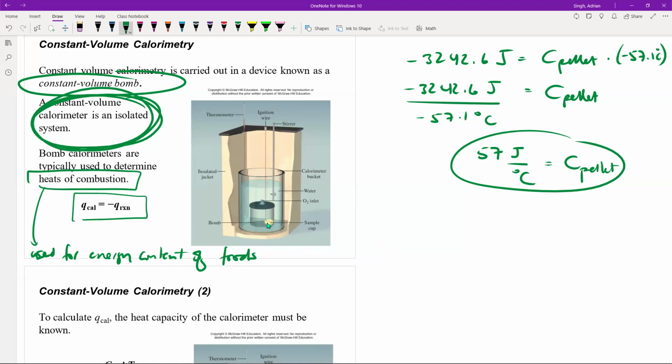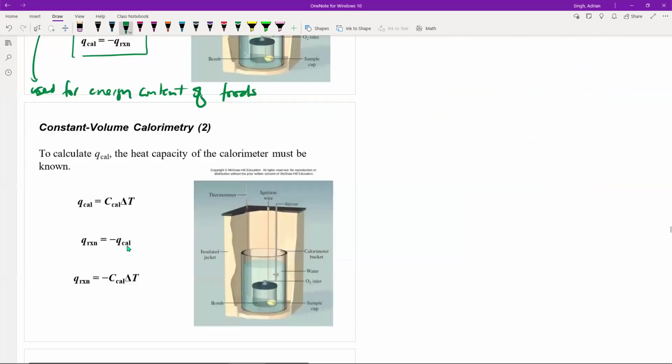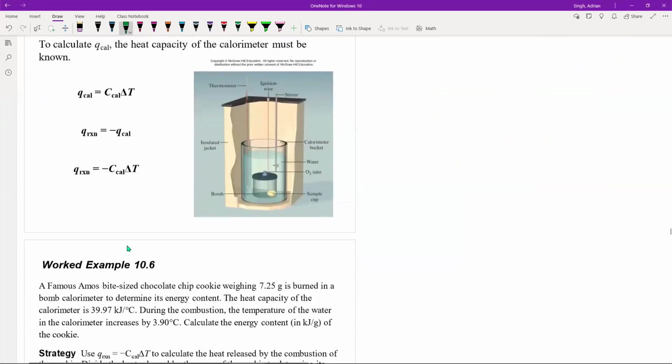As we burn the sample, heat is produced, and the heat warms up the water that surrounds the sample cup or the bomb itself, and we can measure the temperature change of the water. Then, using that in conjunction with the heat capacity of the calorimeter, we can determine the energy content of the sample. So the idea behind it is very similar to the one that we looked at previously.